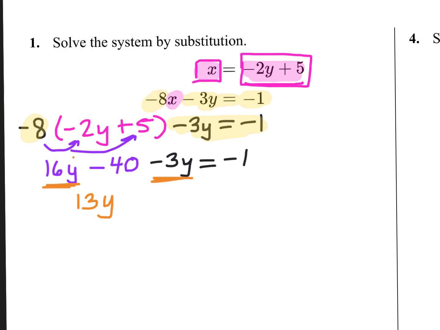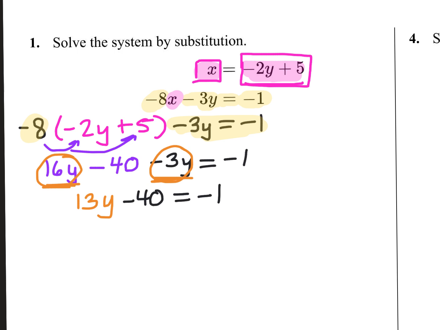So I've taken care of the 16y and the negative 3y by combining those like terms. So I still need to bring down my negative 40 and my equals negative 1, because I'm still dealing with this equation. And now we just have a regular old two-step equation where we need to isolate the y.